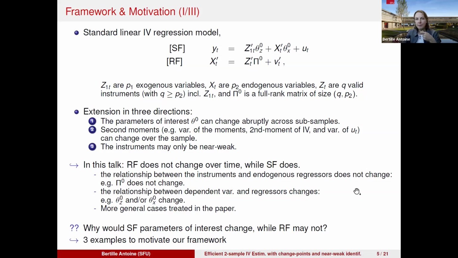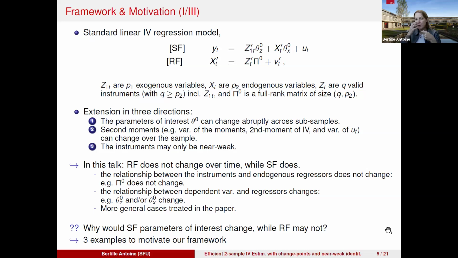So the simplified framework that I want to consider in this talk is the situation where the reduced form, my first stage if you wish, is not changing, it remains stable, and the structural equation is changing, and in fact, it is changing abruptly at one given point in time.